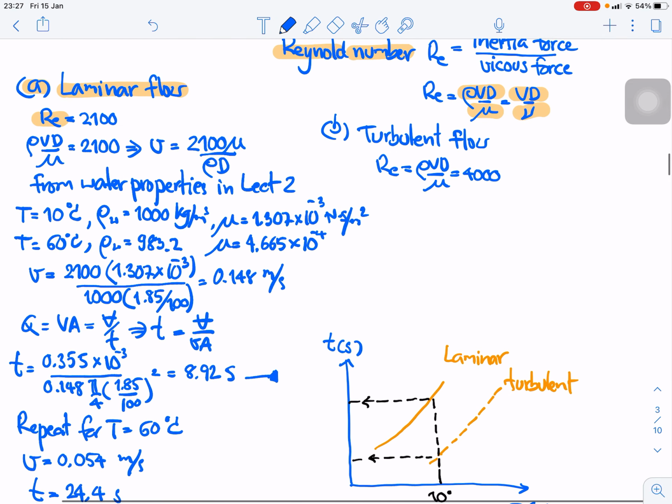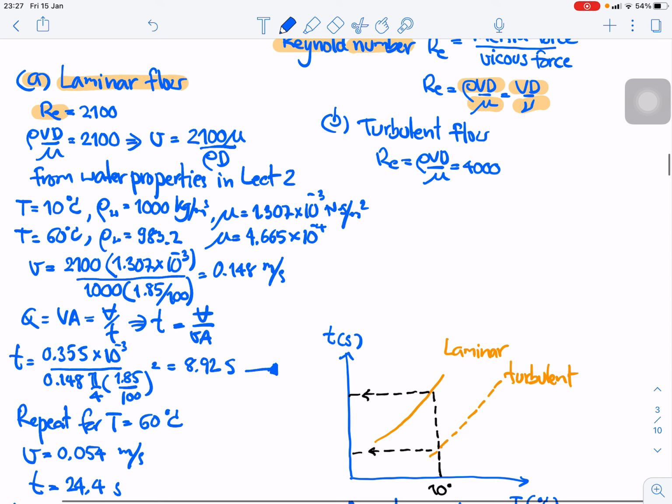Okay. The next question is if the flow is turbulent. In this case, we have V equal to 4000 mu divided by rho d. And if you substitute rho and d for 10 degrees, we get V equal to 0.28 meter per second.